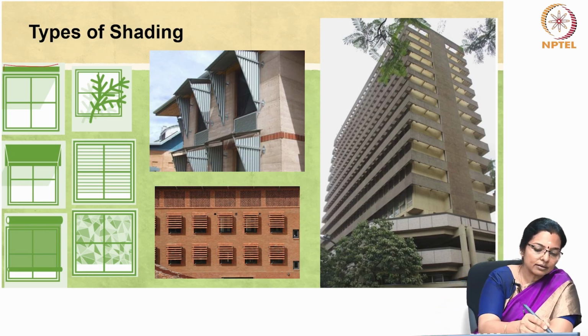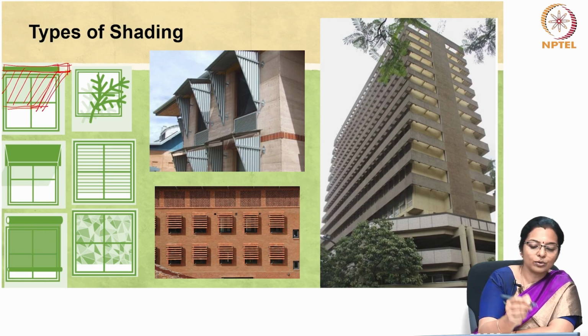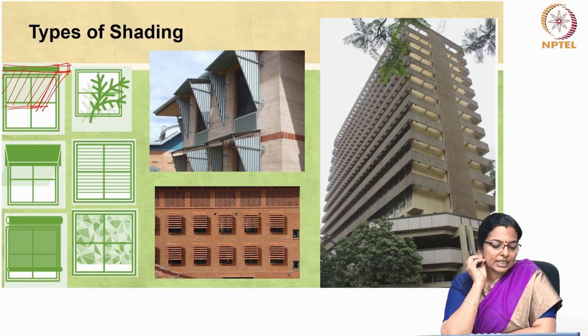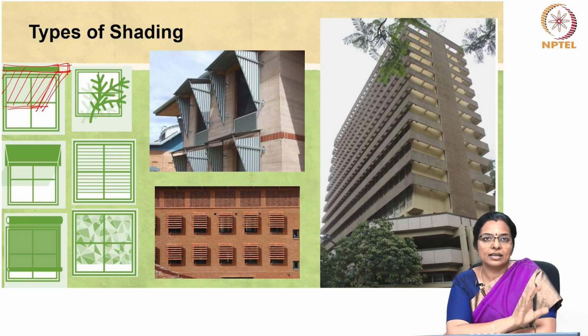So, this is an overhang, which is a sun shading device, and you can see how it shades the sun and casts the shadow. The longer the shading device, the more it is going to cast the shadow. So, in hot humid climate, say in some of the tropical countries, it's best to have at least an overhang.